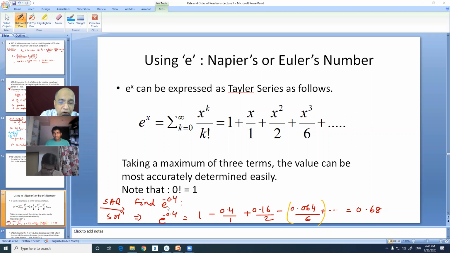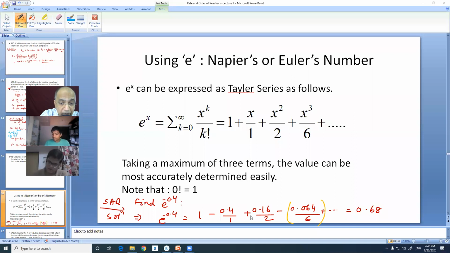Supposing we will find out E to the power minus 0.4. The first term will always be 1, because anything to the power 0 is equal to 1, since k starts from 0. Since the second term is only x and x is negative, the second term will be minus.